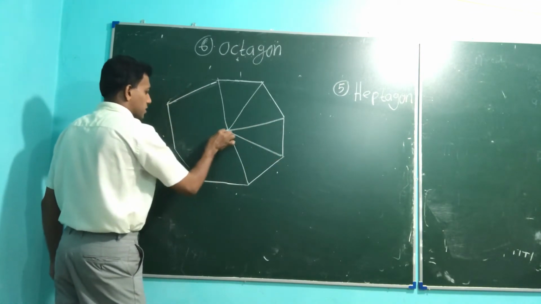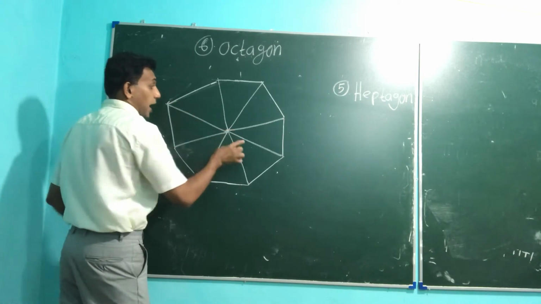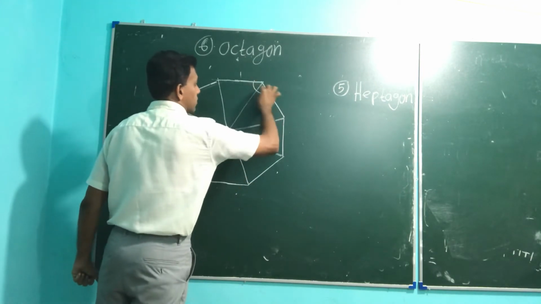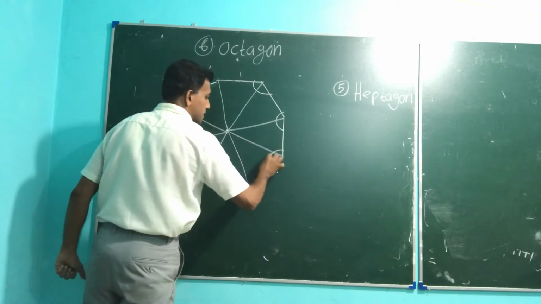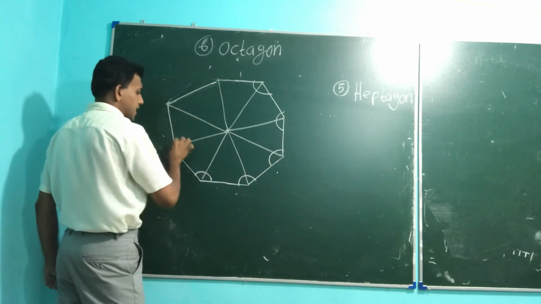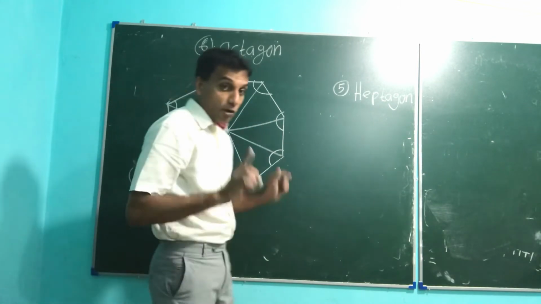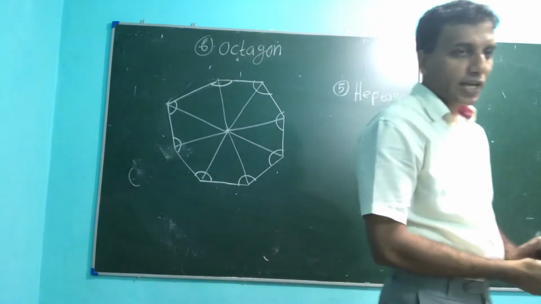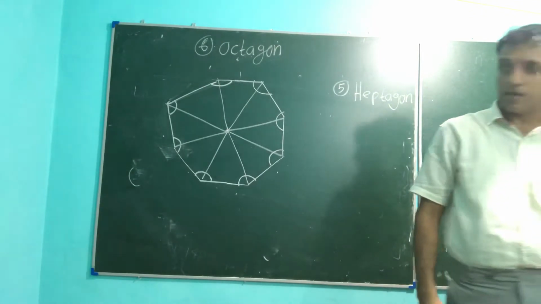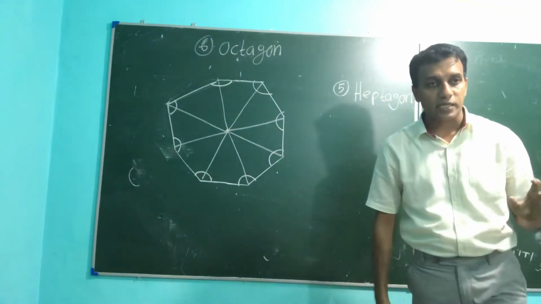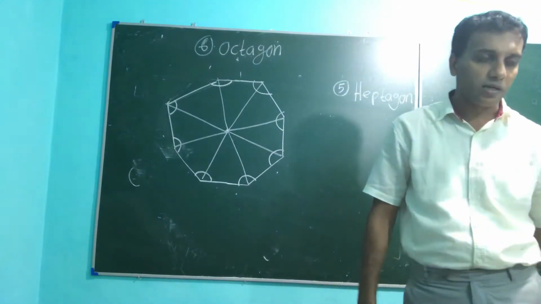Then I want to add these angles, A plus B plus C plus D plus E plus F plus G plus H. I want to find those 8 angles, adding all of them, right?